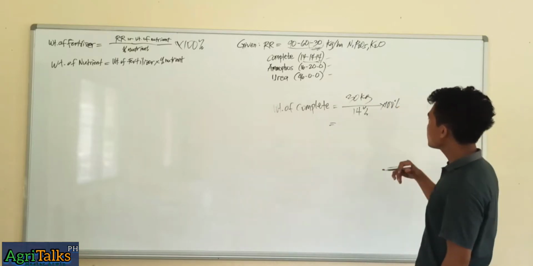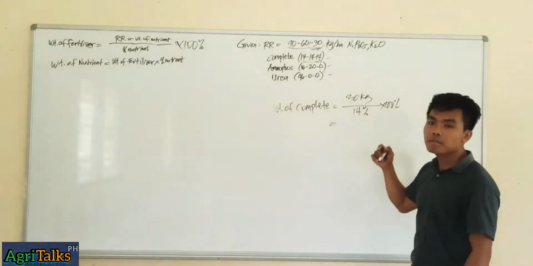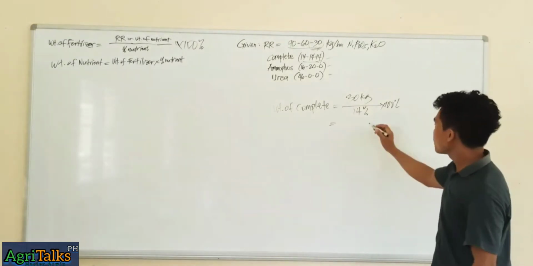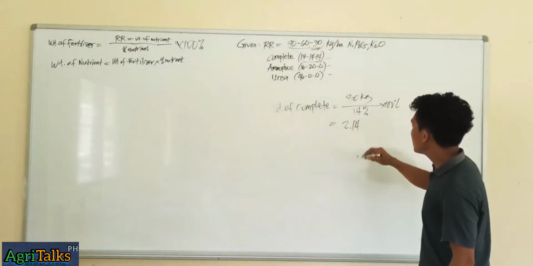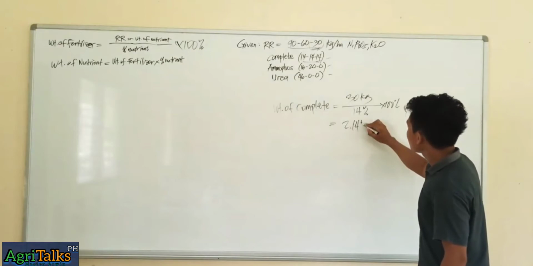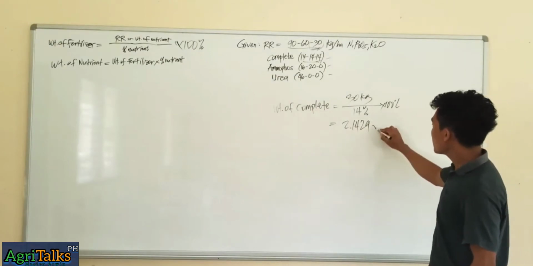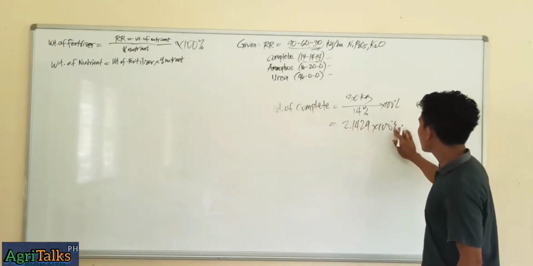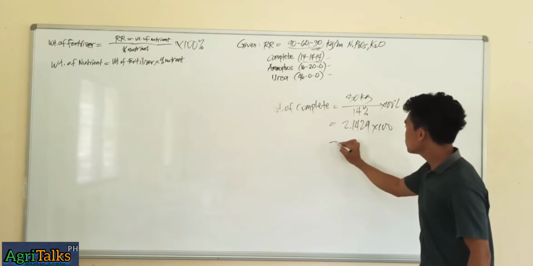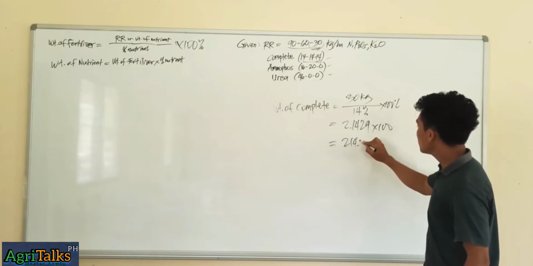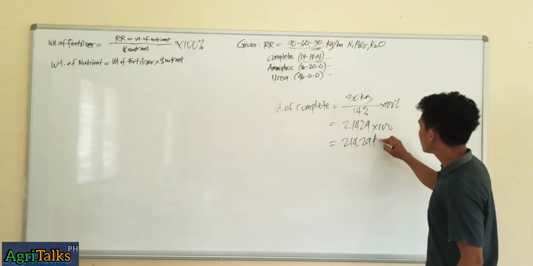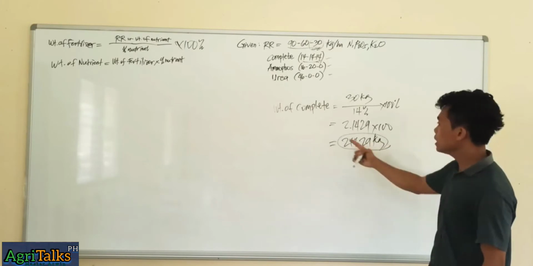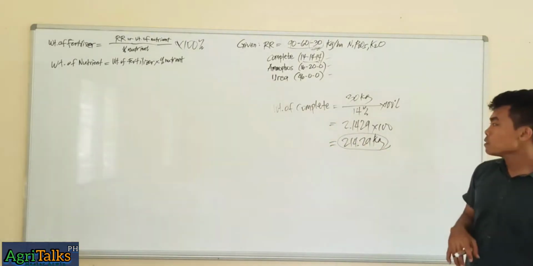So 30 kilograms divided by 14 is 2.1429, times 100%, times 100, that would be 214.29 kilograms of complete.